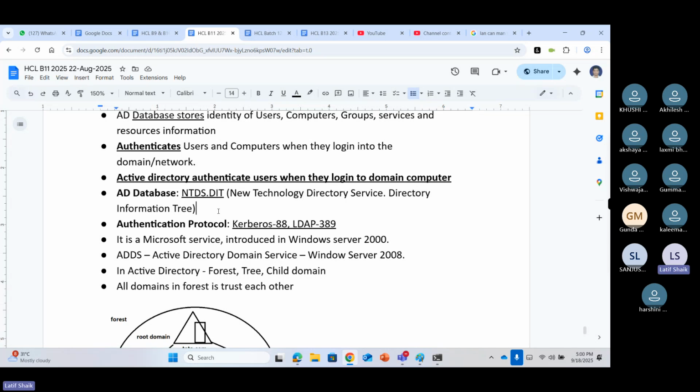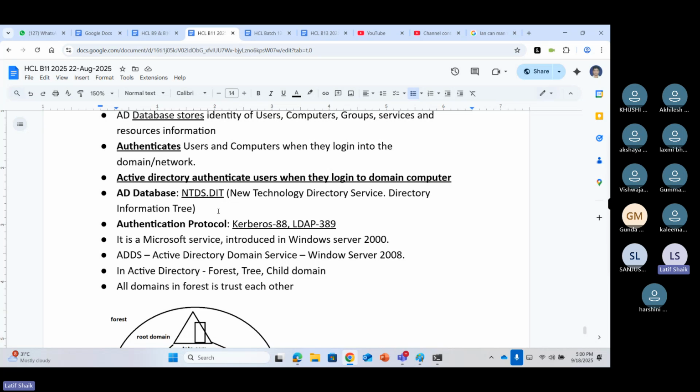To do that, it uses a protocol called Kerberos, port number 88. And also it uses the LDAP protocol, 389, for authentication and authorization. It uses both protocols, but mainly it is the Kerberos protocol, Windows Microsoft. So these are the main points of your Active Directory.